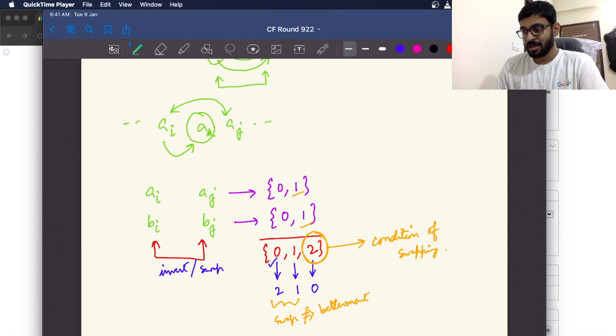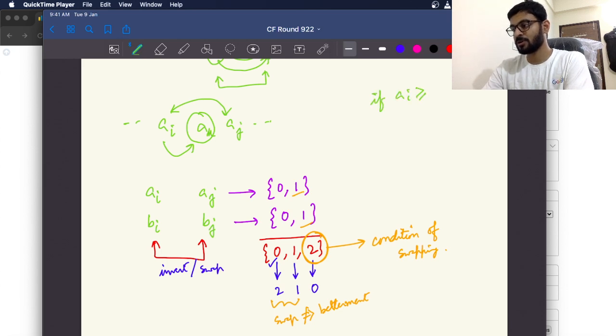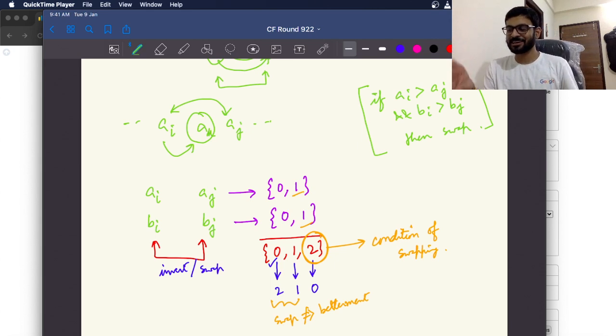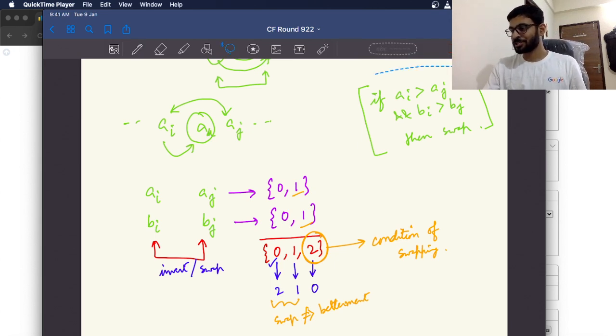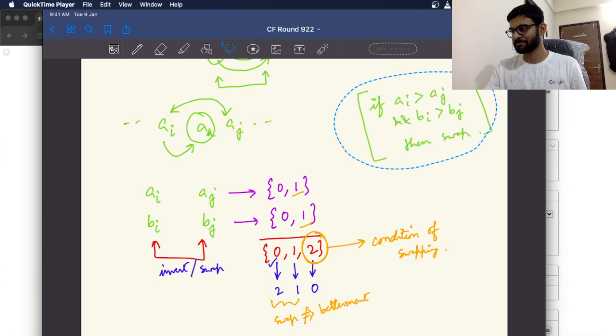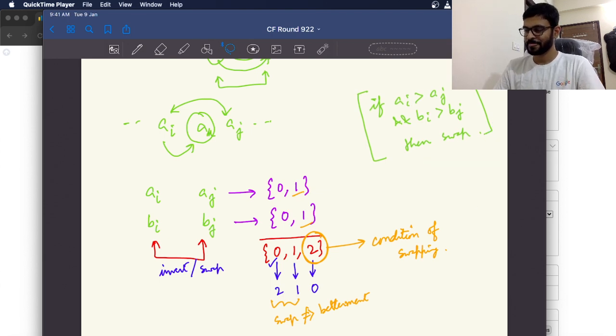Basically, in my comparator, I can say that if AI is greater than AJ and BI is greater than BJ, then swap. This is simply my condition. Swap the positions I and j. This will be the logic of my comparator. That's it.